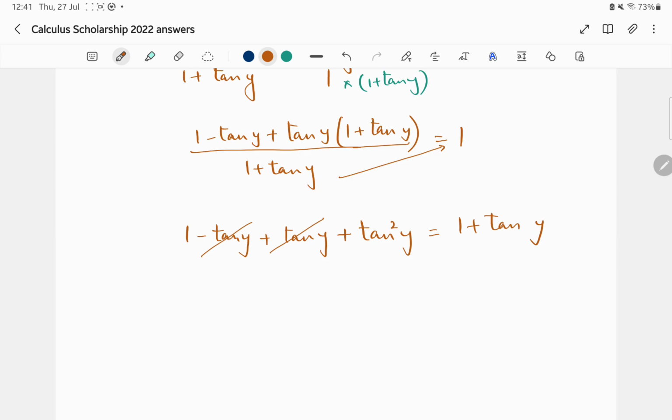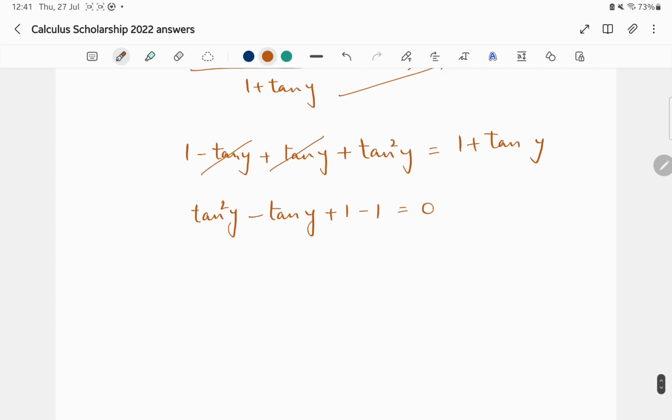Let's bring everything to one side. So we will have tan square y, cool, minus tan y. We have 1 here, so it's going to be plus 1 minus 1 is equal to 0. So we will have tan square y minus tan y is equal to 0.